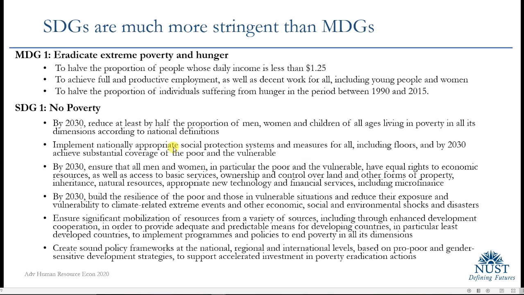Now look at SDG 1. So this is kind of two SDG goals combined in one MDG goal. SDG 1 is no poverty, and SDG 2 is no hunger. And even within only poverty, so cutting this in half, we have how many? 6 sub-indicators, and some of them are really detailed.